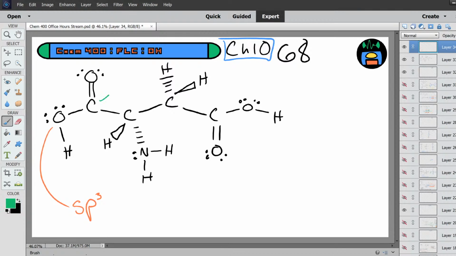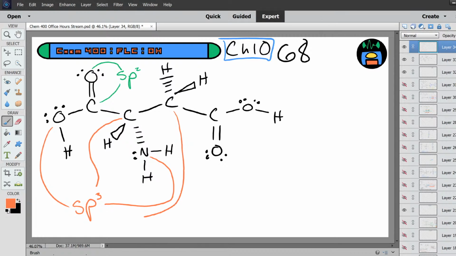When you look at this carbon, it has 3 atoms and 0 lone pairs, so that's 3 electron groups, so it is sp2. When you look at this oxygen, it has 1 atom and 2 lone pairs. 3 electron groups makes it sp2. When you look at this carbon, 4 atoms attached, 4 electron groups, sp3. This nitrogen, 3 atoms plus 1 lone pair is 4 electron groups, sp3 hybridized.